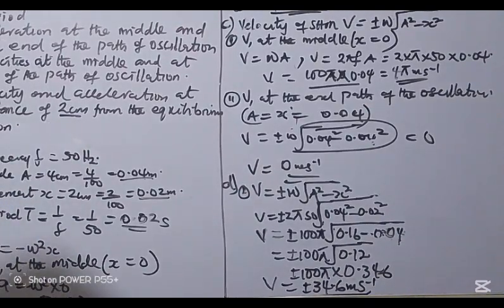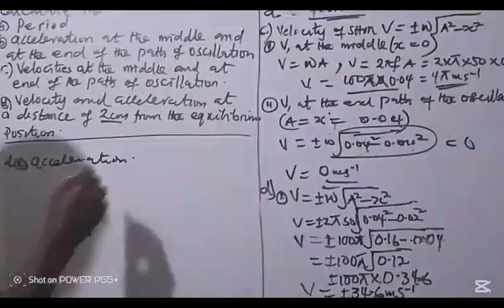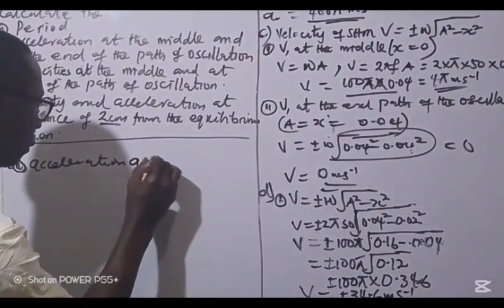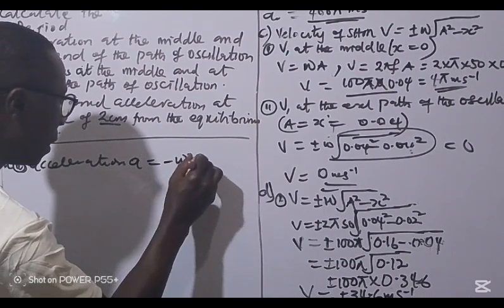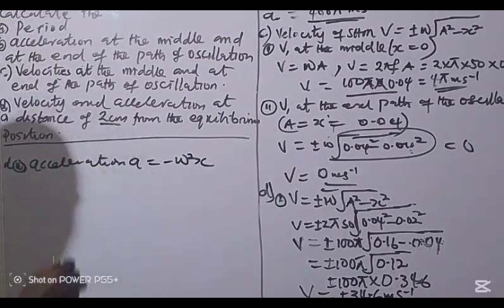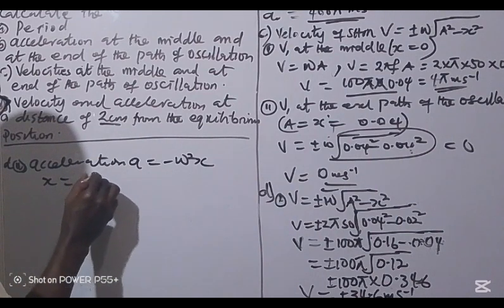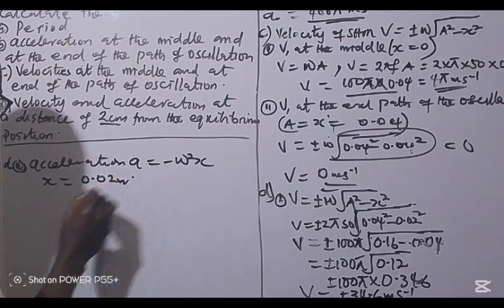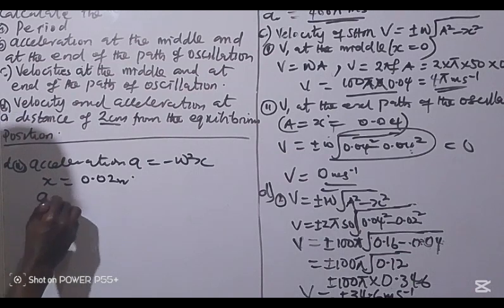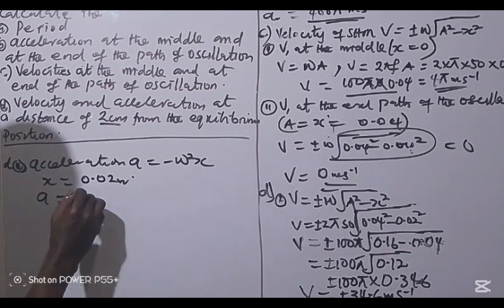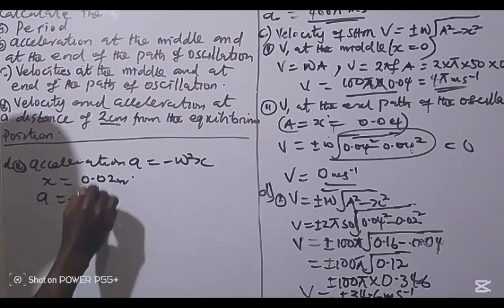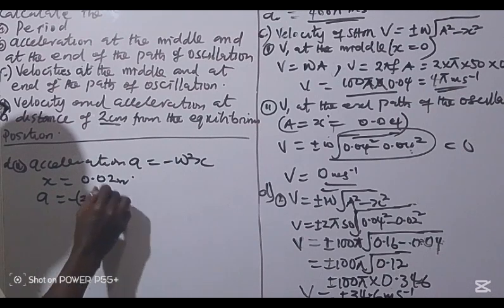Now to calculate the acceleration. A will be equal to minus omega square s. And from the question, our s is equal to 0.02 meter. So we are going to have our A as minus 2 pi f all squared multiplied by 0.02.